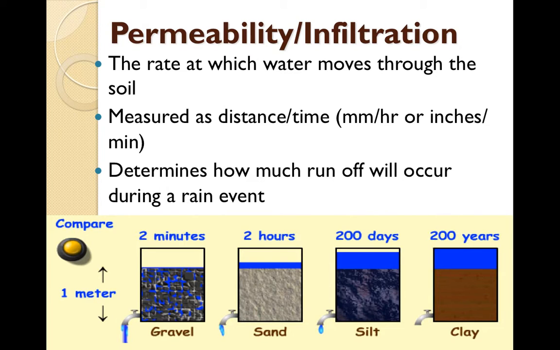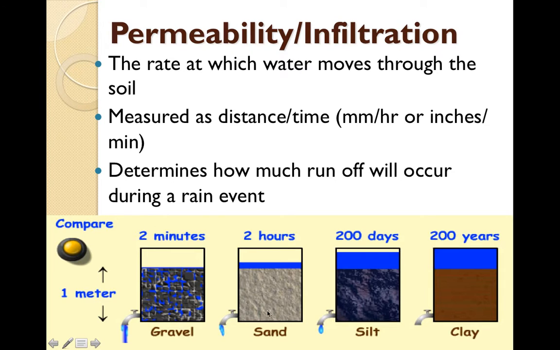Permeability is how fast water can move through soils. It is determined by distance versus time, and it also determines how much runoff will occur if a rain storm comes up.